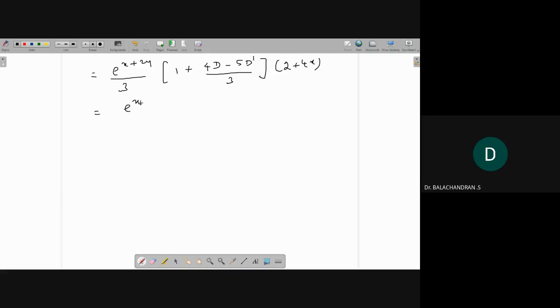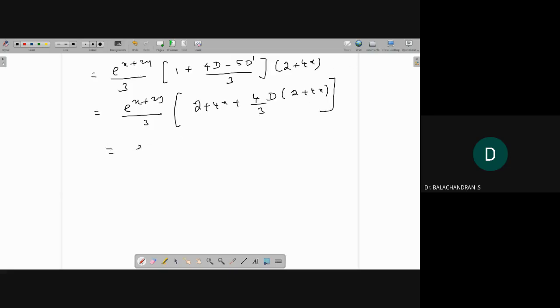Okay, now please wait 2 minutes, I will finish this problem. By 3, so 1 into 2 plus 4x, 2 plus 4x, plus 4D by 3 of 2 plus 4x. That is 4 by 3 into the differentiation D of 2 plus 4x, because 5 into D dash of 2 plus 4x is 0, so that's why I don't write that one.